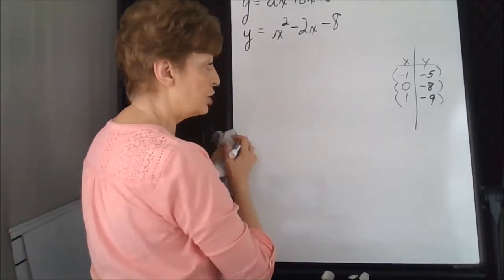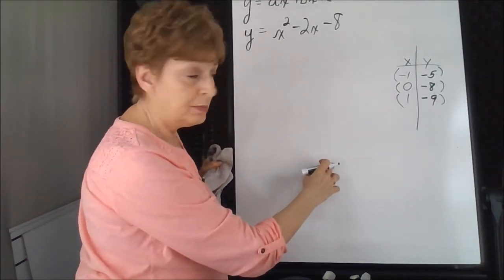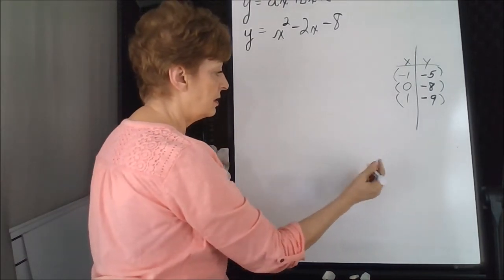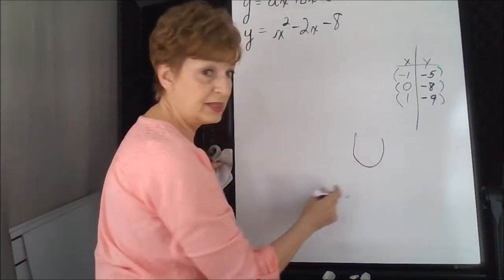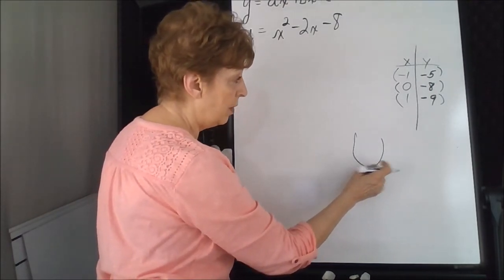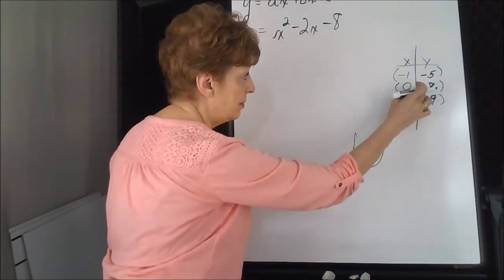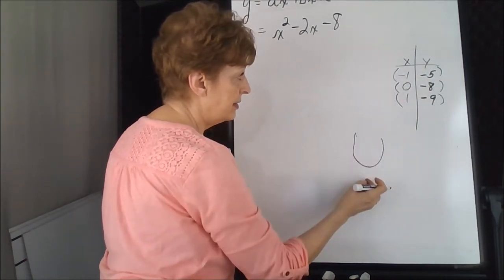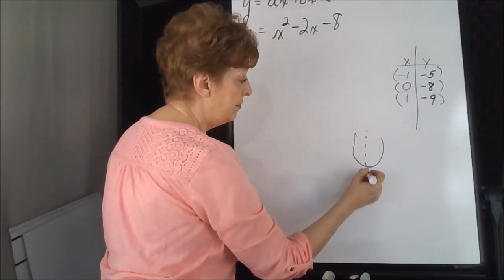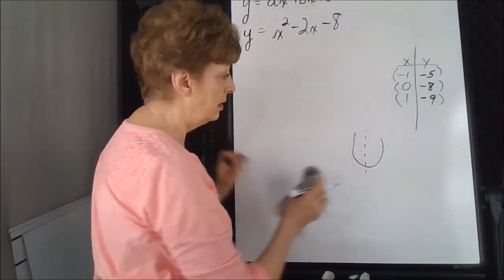Now our parabola turns, so there's going to be either a minimum point or a maximum point. If it opens this way, the lowest point is what we're trying to find on our graph, and then we're going to see these numbers repeated somewhere along the line. The y will be repeated because there'll be a mirrored image from the points on both sides of the line of symmetry.